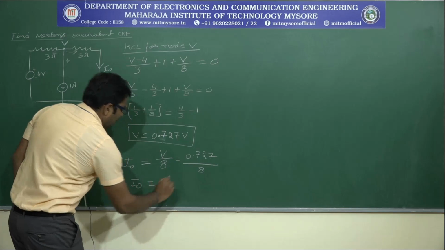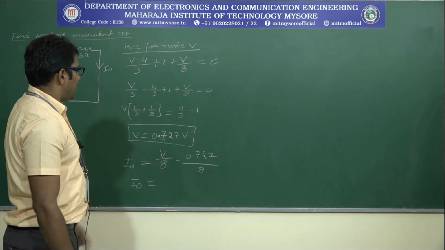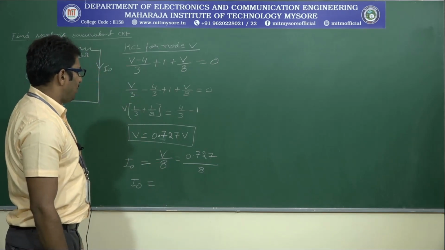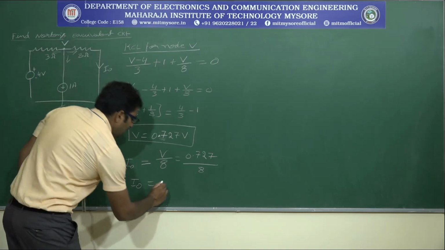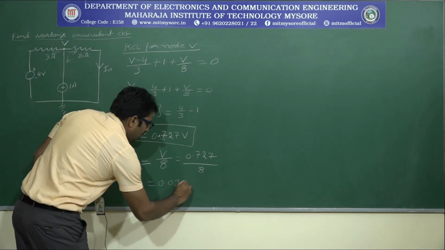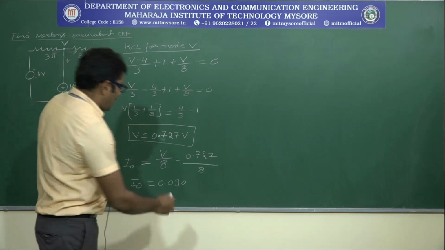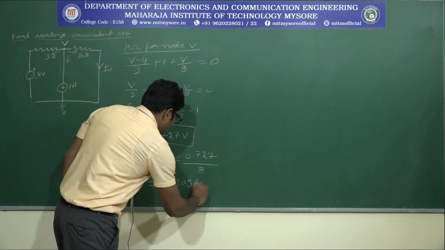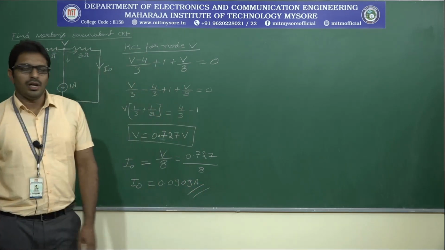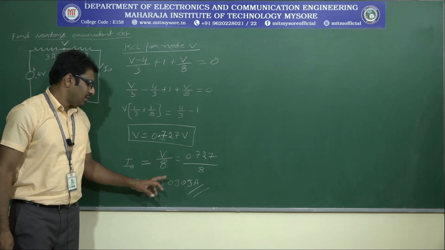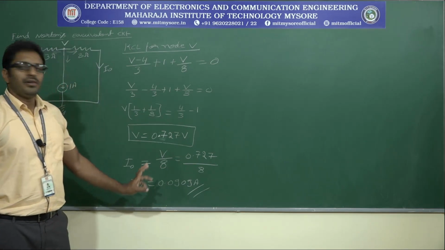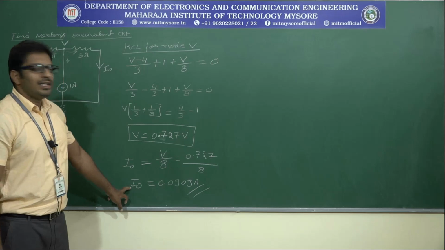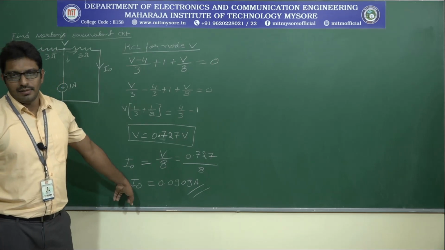Therefore, I naught is equal to 0.727 divided by 8, 0.0909 amps. Okay, you will get I naught is equal to 0.0909 amps. This current is nothing but Norton's current.